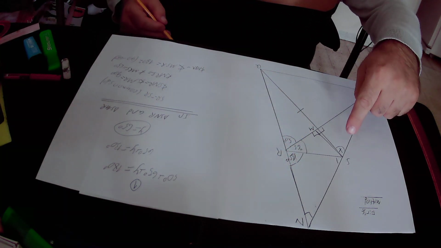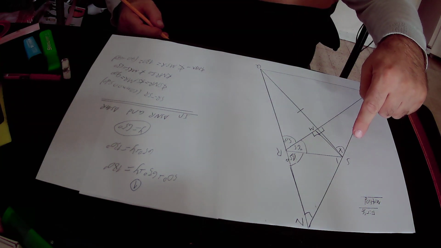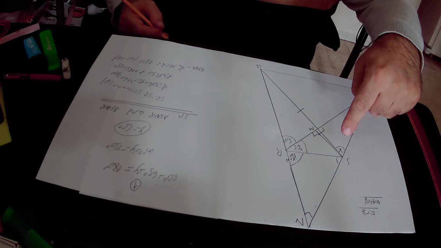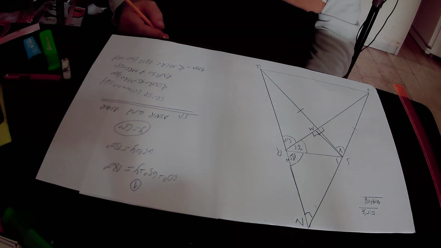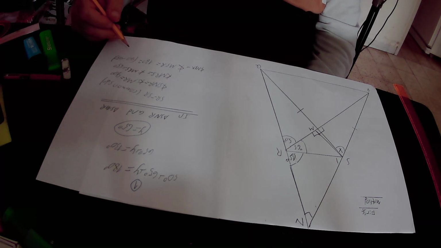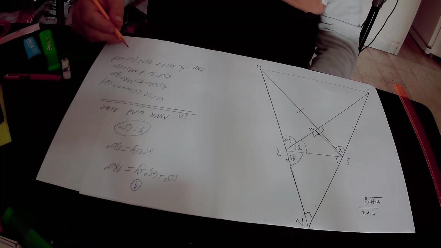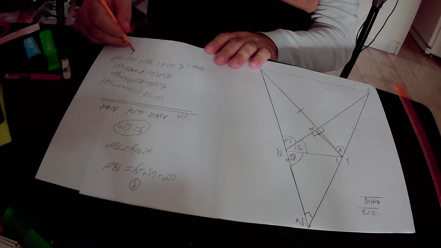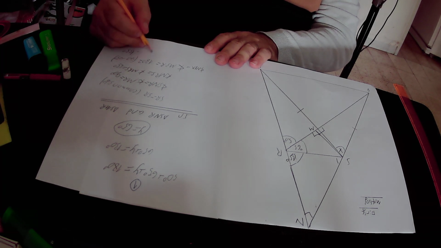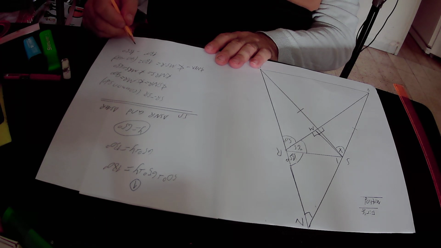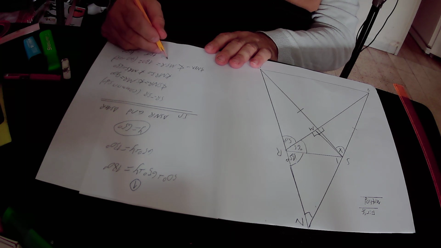So angle NSR, which equals angle MSR, is equal to: 90 degrees plus 65 degrees is 155 degrees, and 180 degrees minus 155 degrees equals 25 degrees.